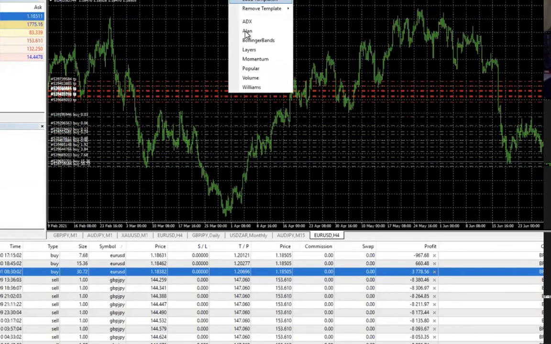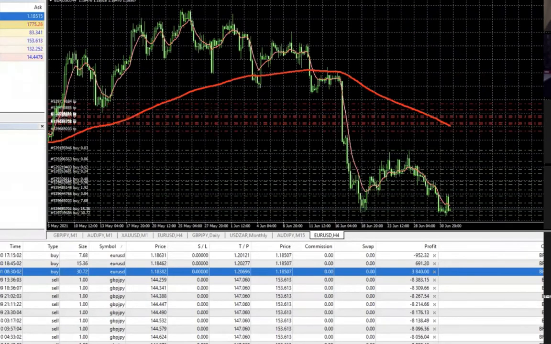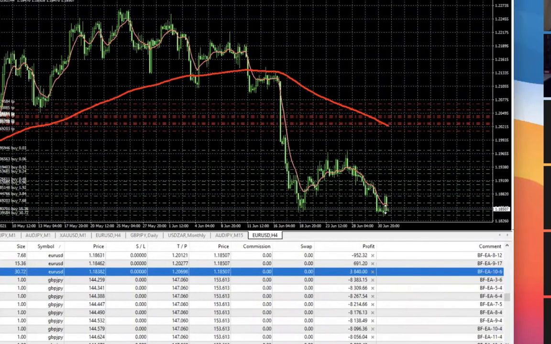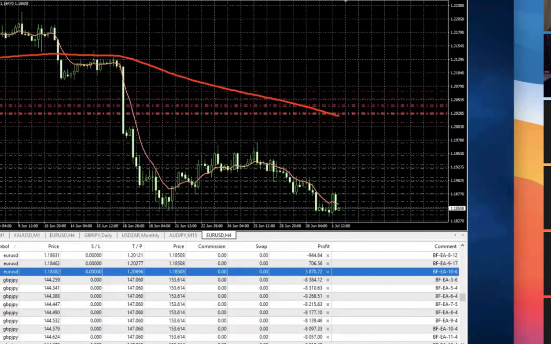Load template, Alan. Okay, I hope this hasn't got a robot on. Okay, cool. So there's my 8 exponential moving average. So I said to Esther, look, you've got dojis at the bottom here. In the candle, this is quite a serious candle spike. So yeah, let's take a risk.